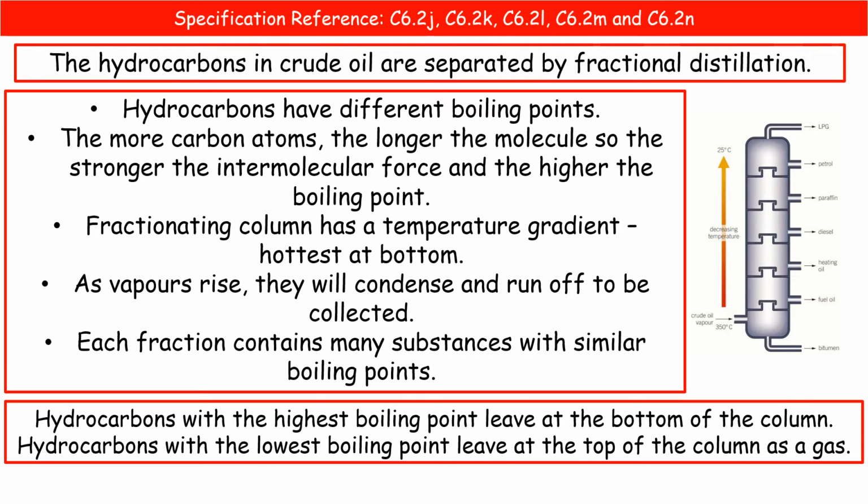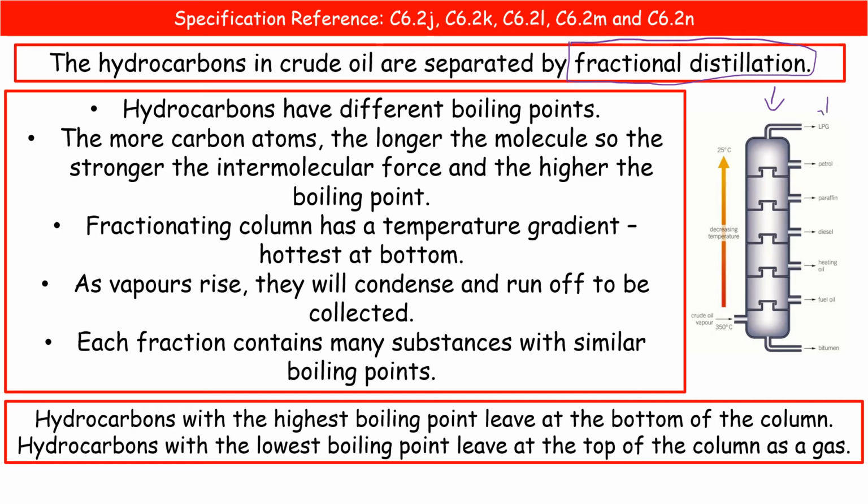We need to be able to explain how we separate crude oil into the individual useful fractions. So first thing to know is that it is done in the process of fractional distillation, which uses this thing here called a fractionating column. So they can ask you the name, they can ask you obviously the piece of equipment, and they can also ask you to explain how this works and to just fill in blanks on the actual fractions and where they come out.